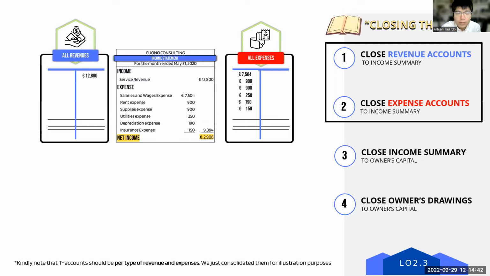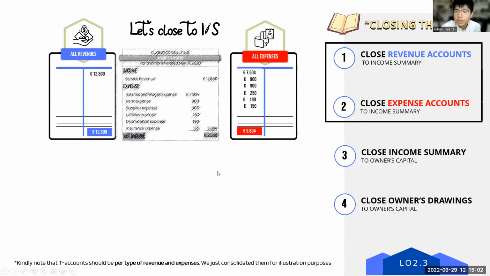And then from there, you'll be able to get their subtotals, right? So 12,800 for your revenues, and then 9,894 for your expenses. So actually, this is still accurate with our income statement. So 12,800, 12,800, 9,894, 9,894.